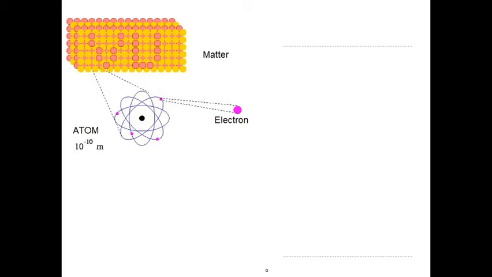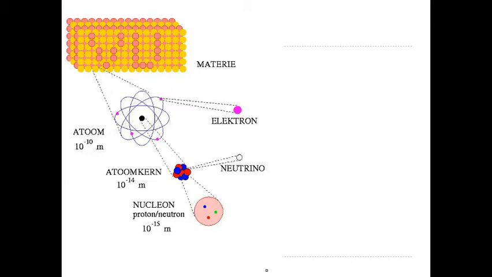But let's look at it in the context of matter. This is matter, shown here as comprising atoms. When we look at one atom, we can see that it comprises a nucleus, which in turn is made up of protons and neutrons, and there are electrons in a cloud rotating around the nucleus, which is the picture we're more familiar with.